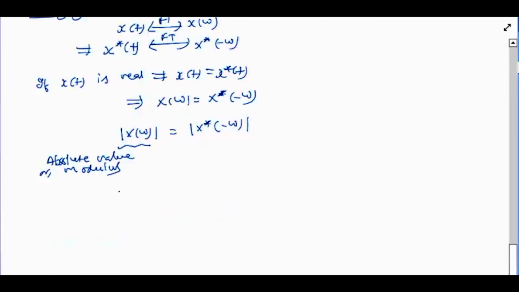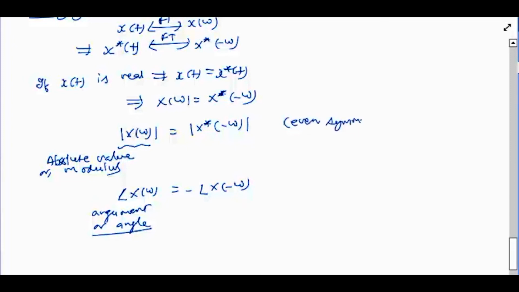Similarly, angle of X omega, often also called argument of X omega, is equal to negative of argument of X minus omega. So this is called argument or angle. Right. So we see that modulus or absolute values have even symmetry, whereas angles have odd symmetry.